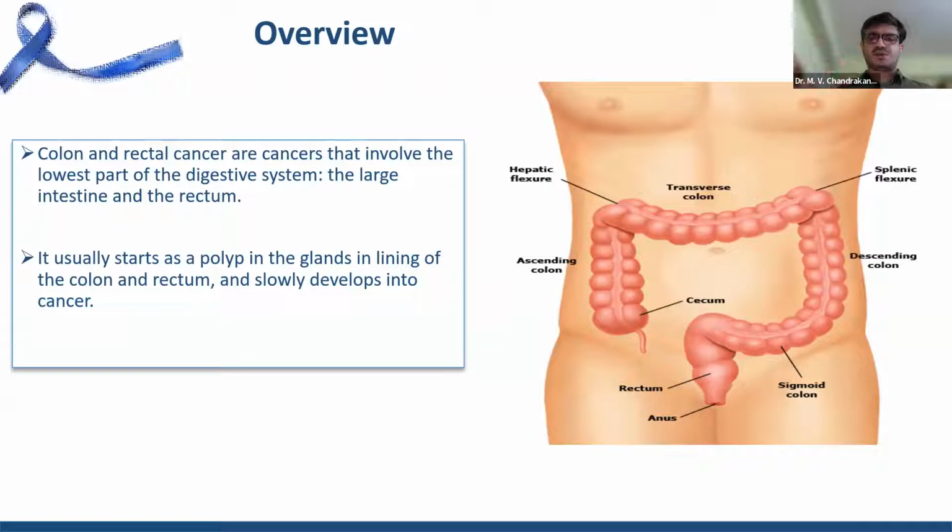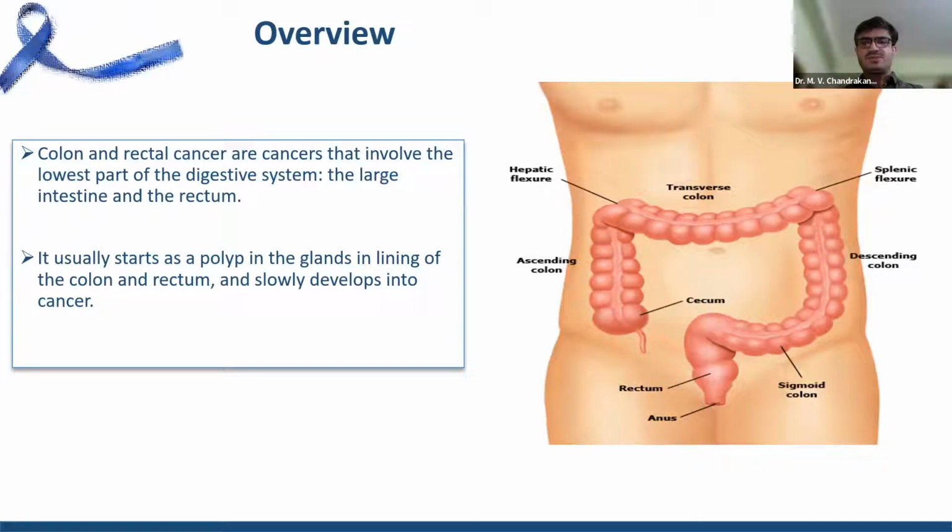So absorbing the important components of food and making what is known as a formed stool is basically the job of the colon. The colon makes a formed stool by absorbing important nutritional components and the fluid of the stool. And the last part of the colon, which is in contact with the anal canal, the lower opening of the GIT, is called the anal canal.